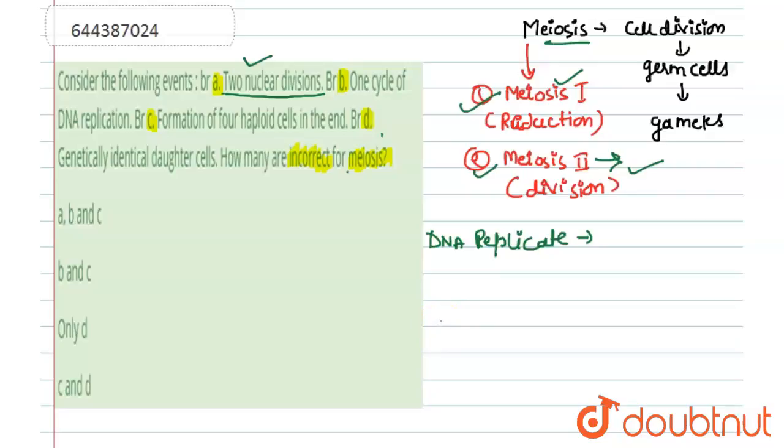Hence only one cycle of DNA replication occurs during meiosis. So our second event is also correct.